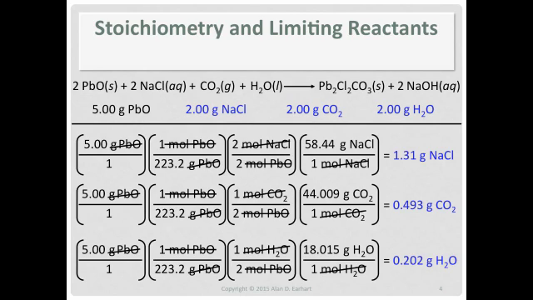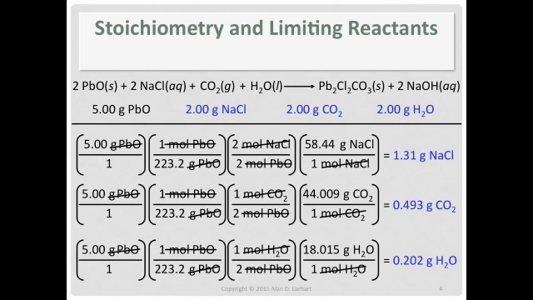They're all less than the given masses of reactants. Since the calculated masses are all less, that means I happen to pick the limiting reactant by accident, because I have far more of the sodium chloride, carbon dioxide, and water reactants than I have of the lead 2 oxide. So then I would do my calculation based on lead 2 oxide. And I'd go from 5.00 grams of lead 2 oxide to grams of phosgenite.